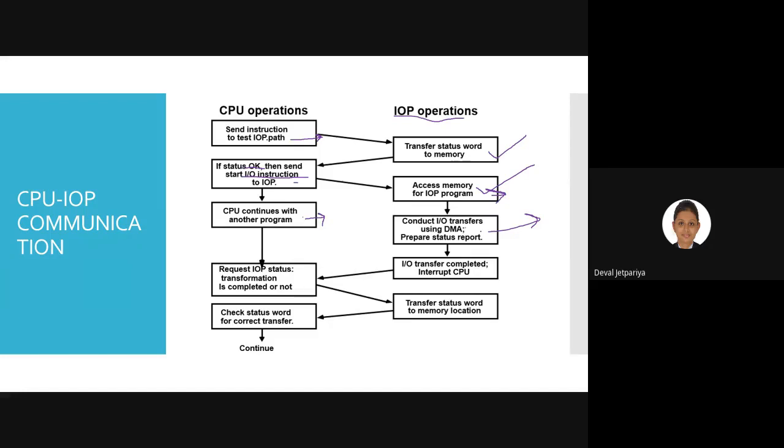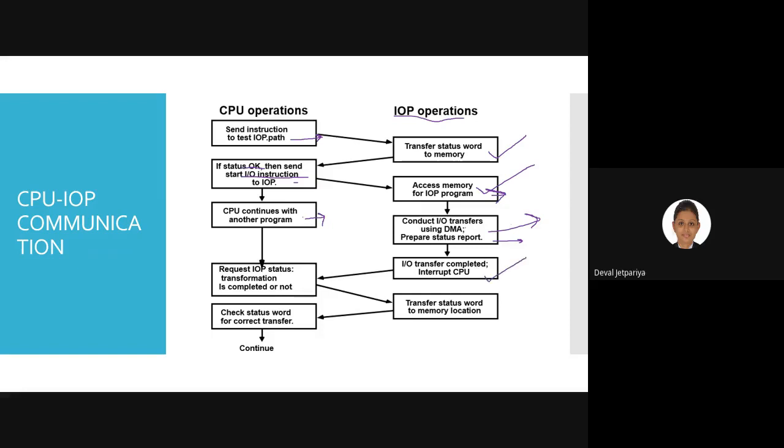Once we are done with that transfer, we'll generate some status report, like whether we completed, or some error was generated, or it is pending, or anything else. After completion of that, it will request to interrupt the CPU.